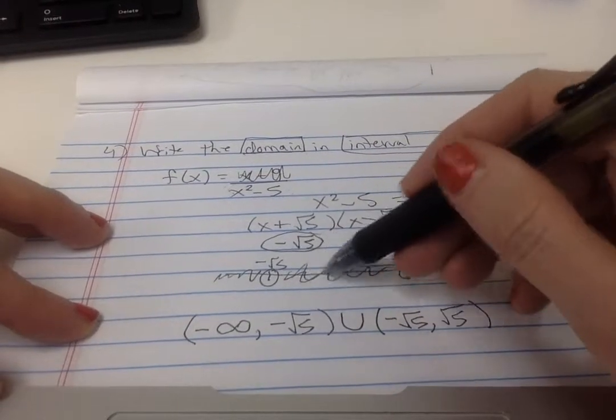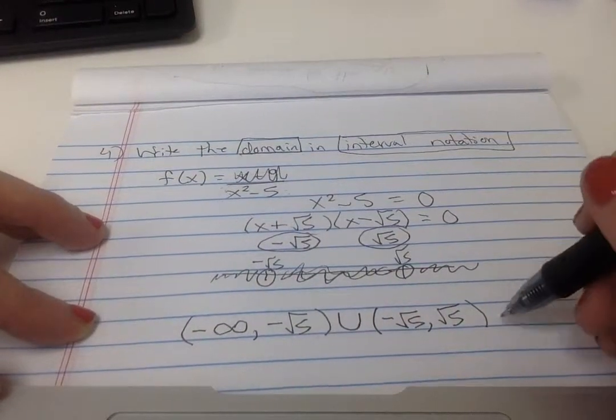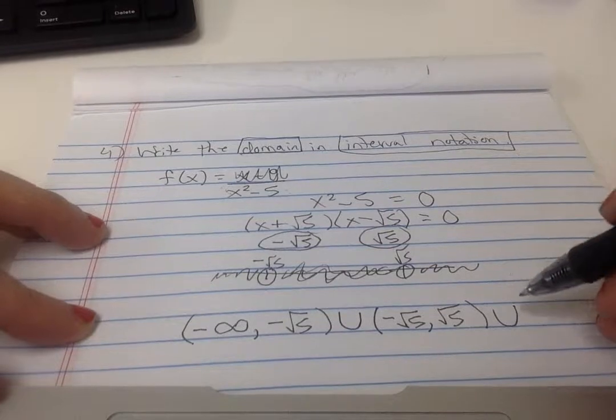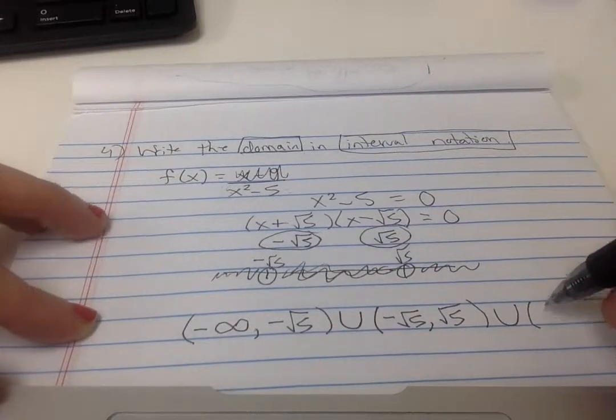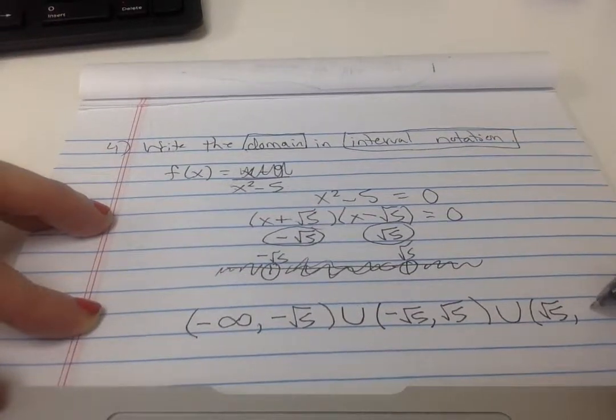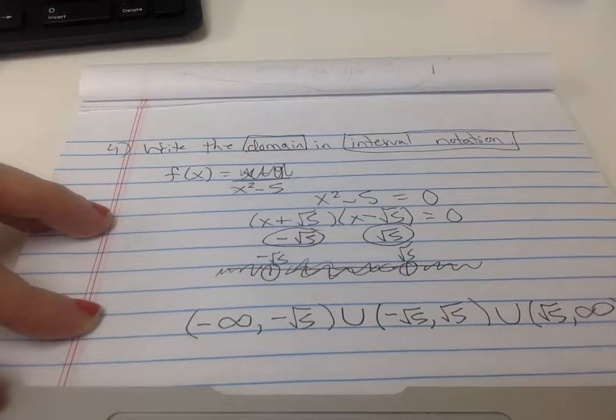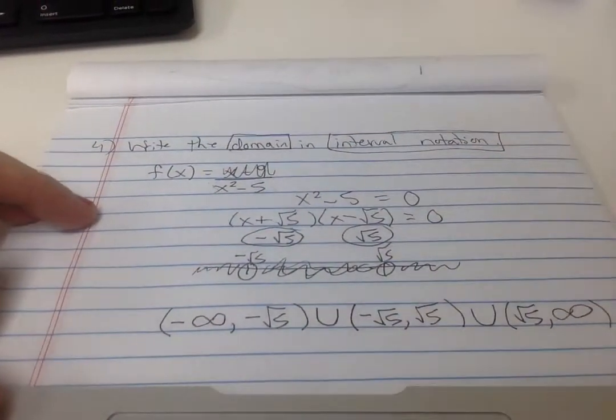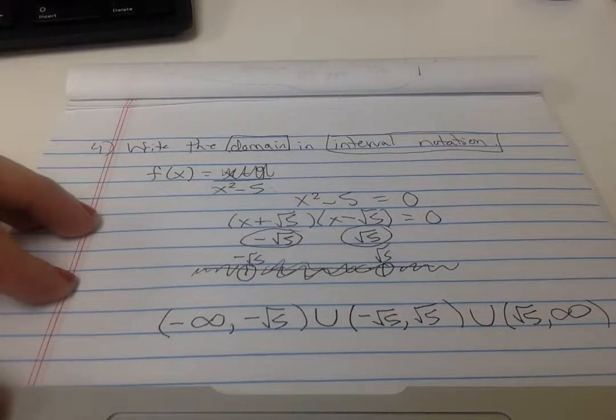And finally, we're going to have a union with, not included, positive root 5, comma, positive infinity. And you just don't include infinity because you're too small to include infinity and hold it in your hands.